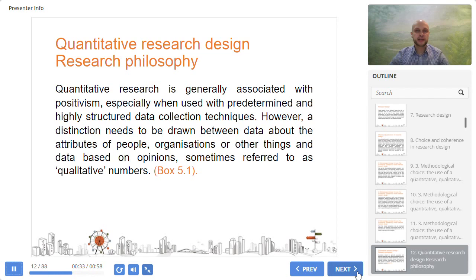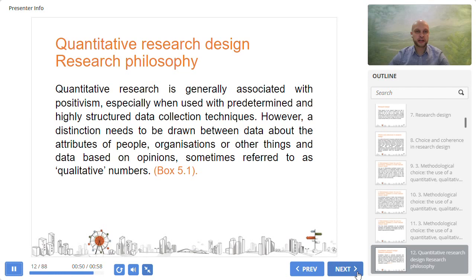In this way, some survey research, while conducted quantitatively, may be seen to fit partly with the interpretivist philosophy. Quantitative research may also be used within the realist and pragmatist philosophies.